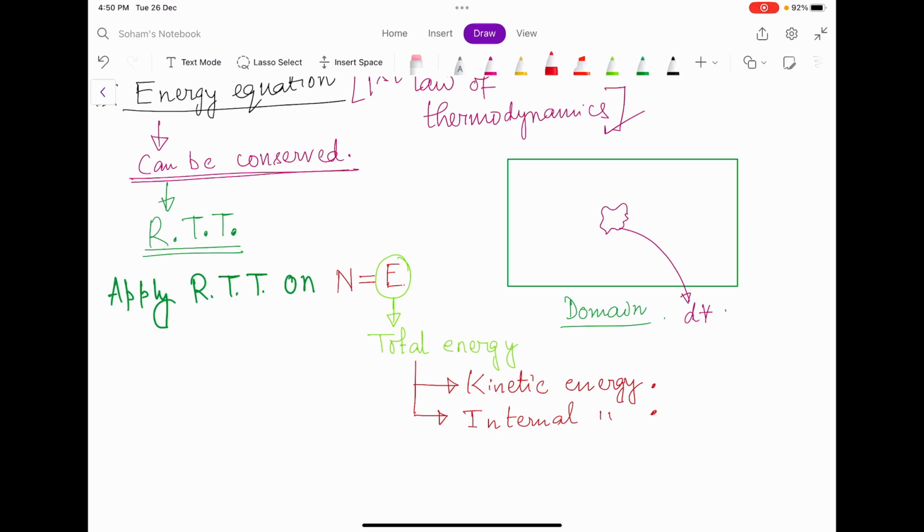Potential energy for the molecules will be under the internal energy. Or more specifically, instead of kinetic energy we should write mechanical energy and internal energy.